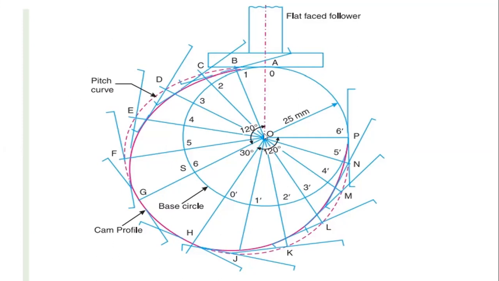Then starting from the center point, that is from the axis of the camshaft, draw a flat faced follower like this. You have to draw a rectangle, then a shaft to it, and the axis of the follower must coincide with the axis of the camshaft.